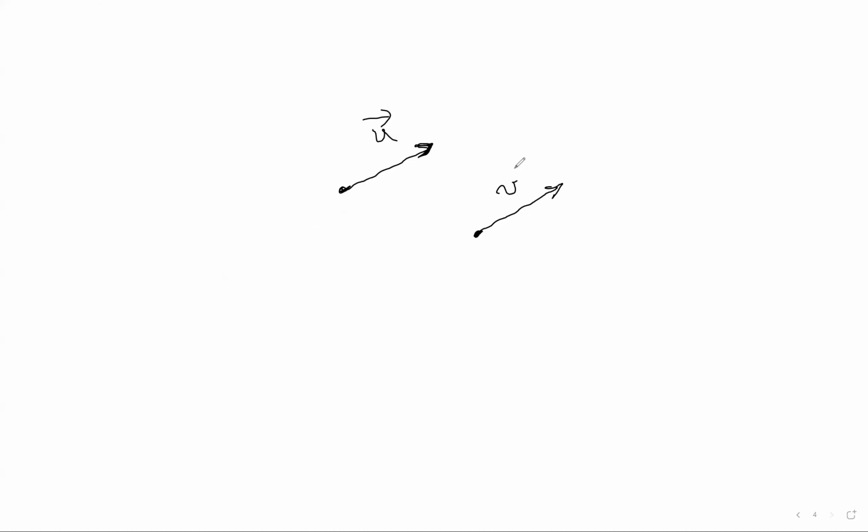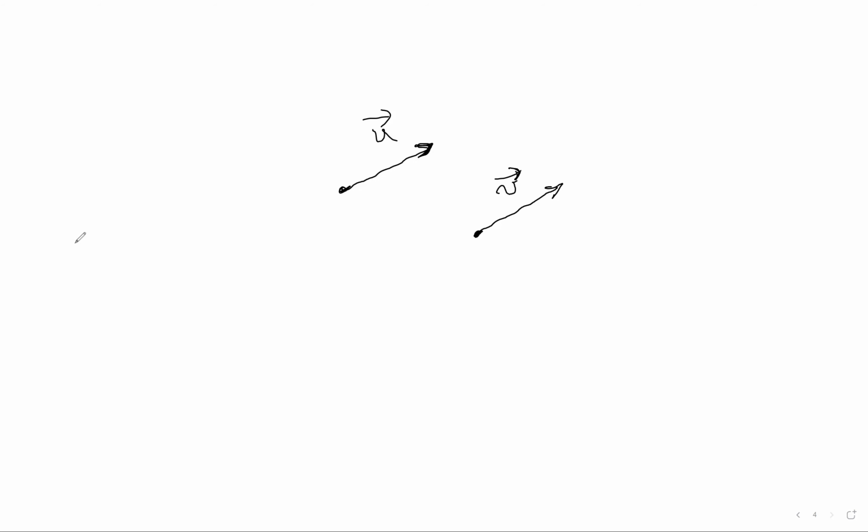Can you guess when two vectors will be considered equal? As you might have figured out, or you might know from before, that these two vectors are considered equal if they have the same length and the same direction.